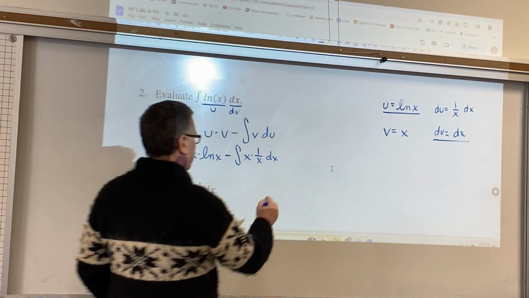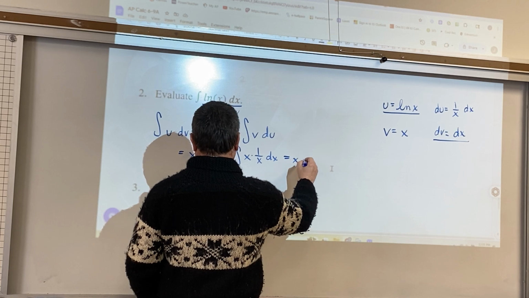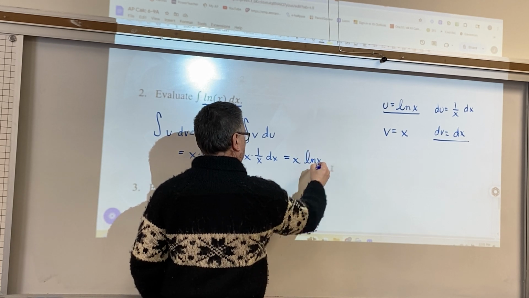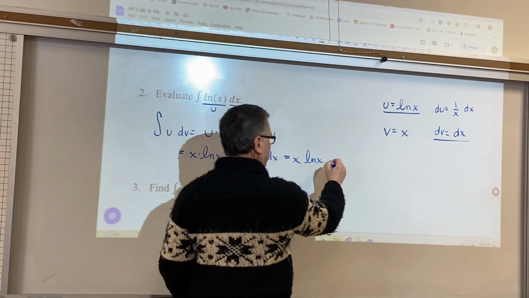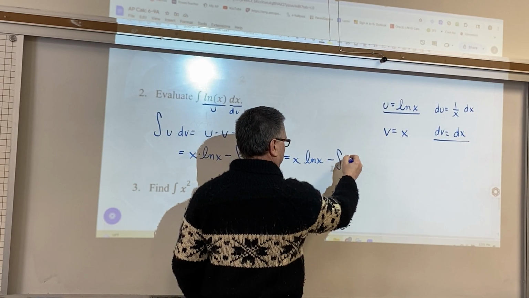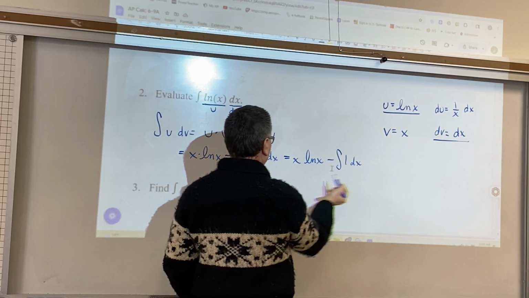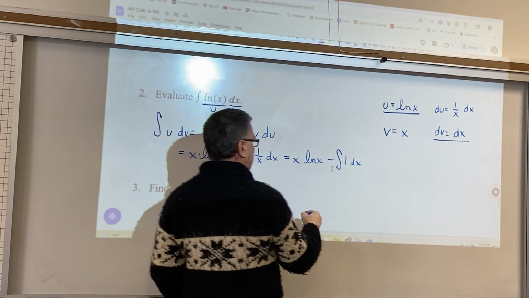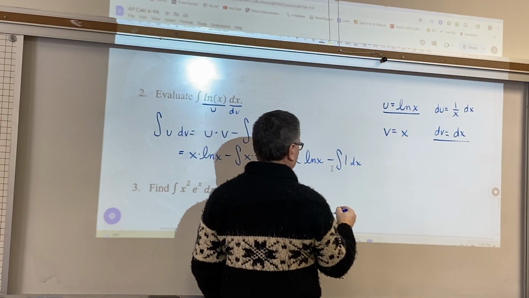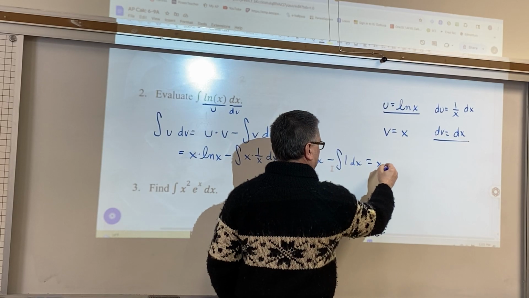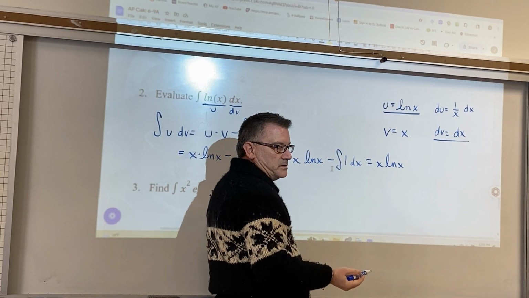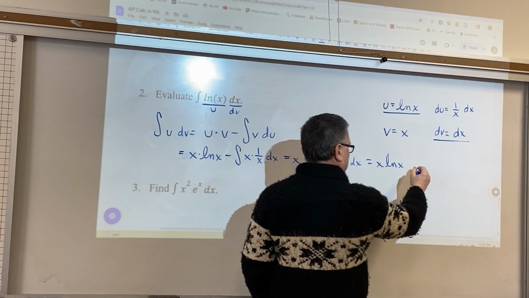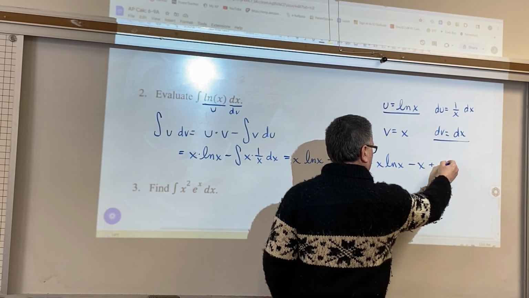So that's going to give me x ln x. x over x, that's just 1, minus the integral of that's just 1 dx. So you don't have to take the integral of that. We just said, what's the integral of 1? x. So x ln x minus x.